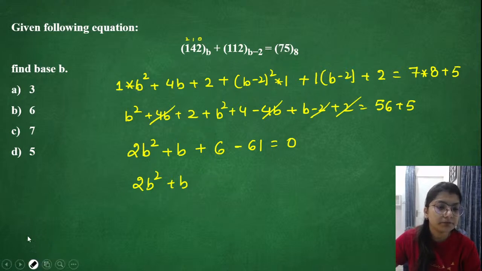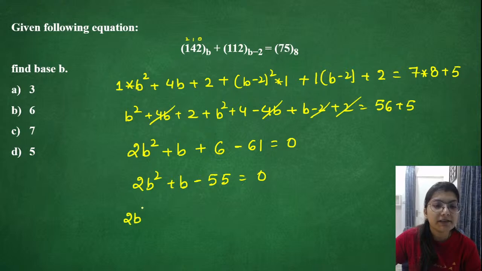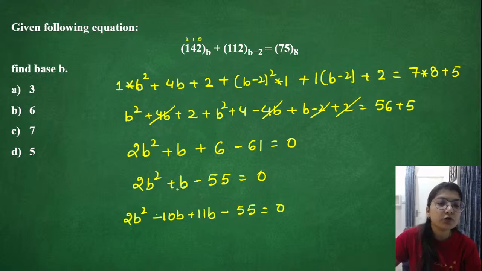Yes or no? Then now it will be 55 multiplied by 2. You have to solve this equation, it will be 2b square minus 10b plus 11b minus 55. You have to find the roots of this equation, right?